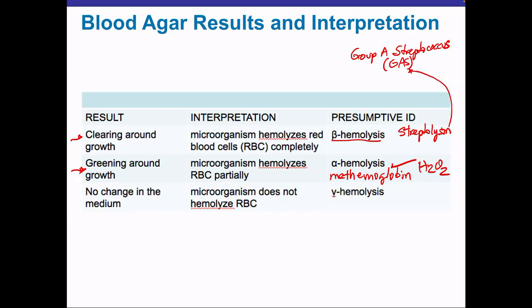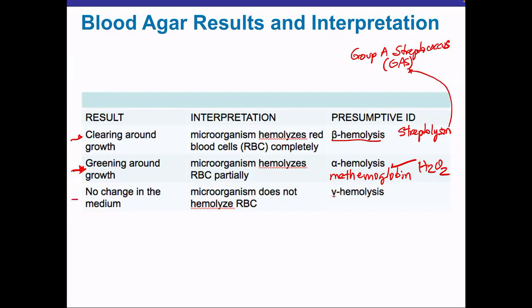In the case of the alpha, I forgot to mention examples of microorganisms that do alpha hemolysis. For example, Streptococcus pneumoniae is a bacteria that produces alpha hemolysis. Streptococcus viridans is another bacteria that produces alpha hemolysis.